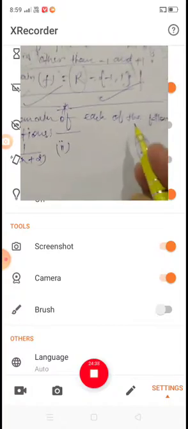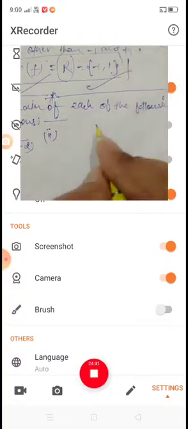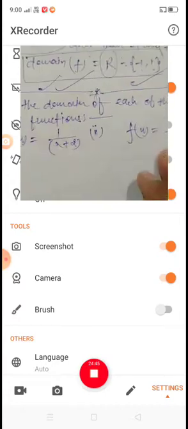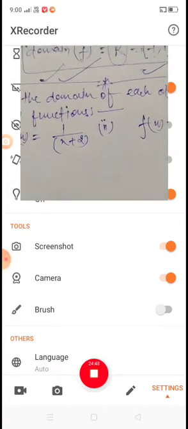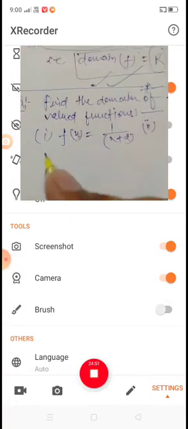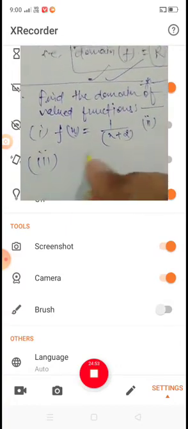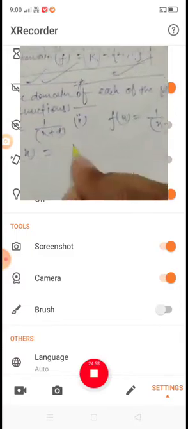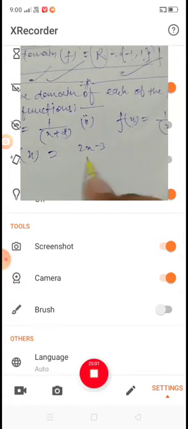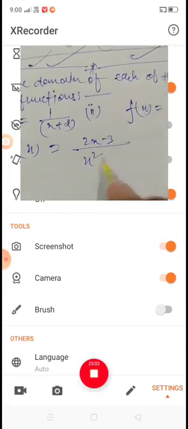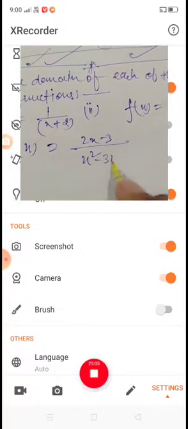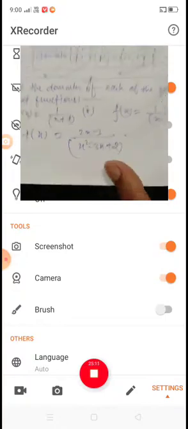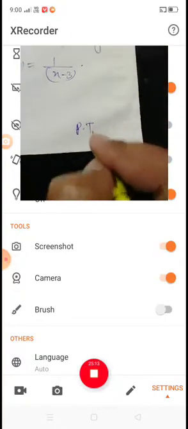Second one is f of x is equal to 1 upon x minus 3. Third one is f of x is equal to 2x minus 3 upon x square minus 3x plus 2. Let's see on the next page.